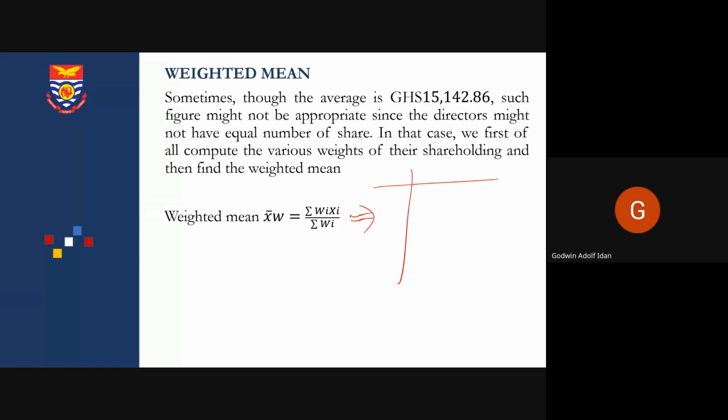A is contributing 500 cedis, B is contributing 1,000, and C is contributing 1,500 into the business. When it comes to taking decisions for this business, we want to understand the weight of the contributions that individuals made.